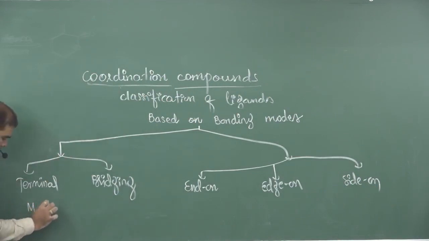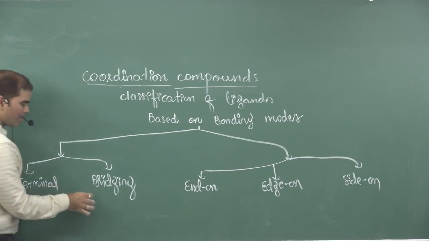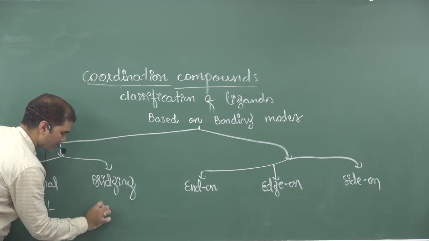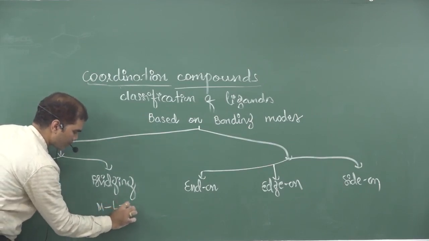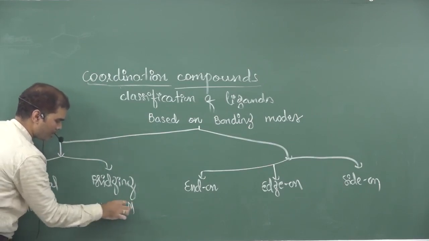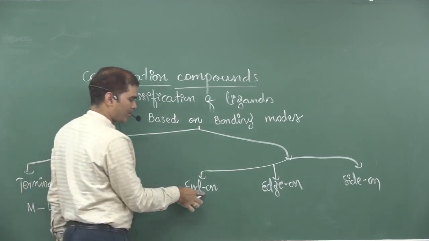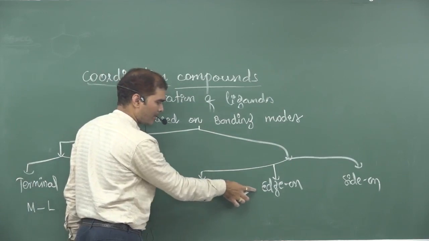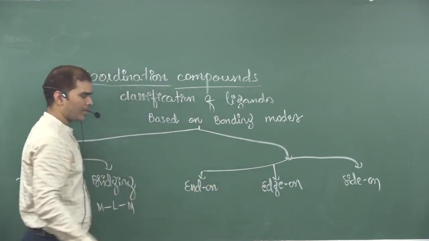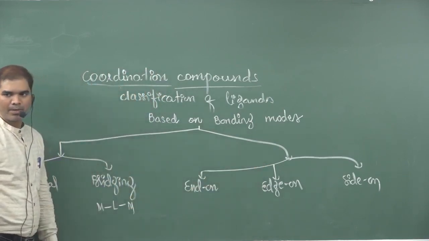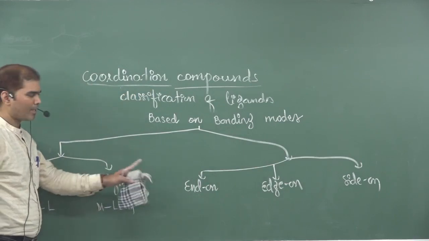Suppose I am just putting it like this. It is like terminal. Bridging means this ligand is bridging two metals. Later on you have another type of classification called as end-on, edge-on, and side-on. I'll just take one example so that you will understand this.